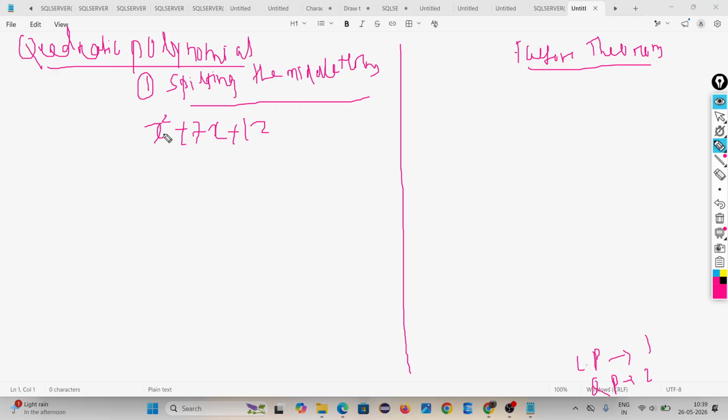Okay, look, suppose this is our polynomial x square plus 7x plus 12. We have to find the factors by using splitting the middle term and by using the factor theorem.